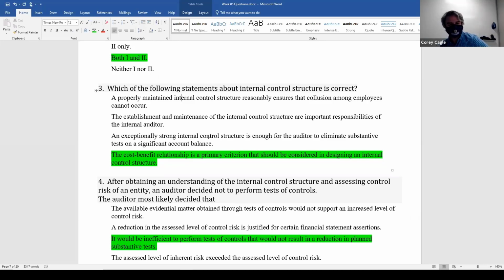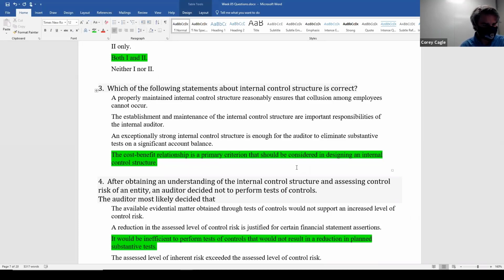So it's hard to maintain an internal control structure that'll defeat collusion. B says the establishment and maintenance of the internal control structure are important responsibilities of the internal auditor. That's not true. Who's responsible? Management. Yes, good job.